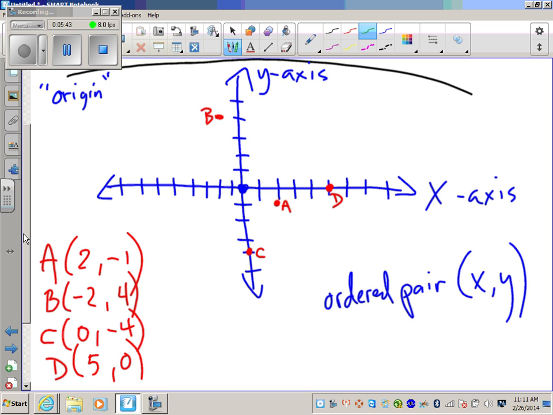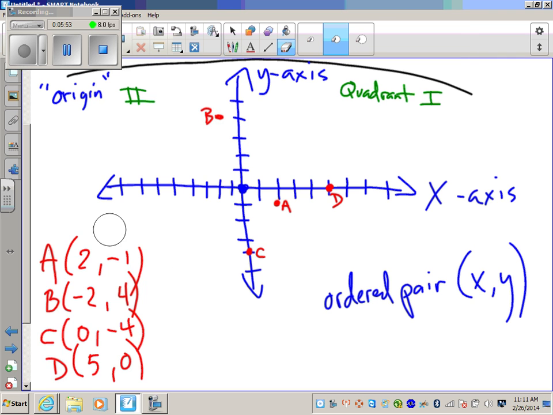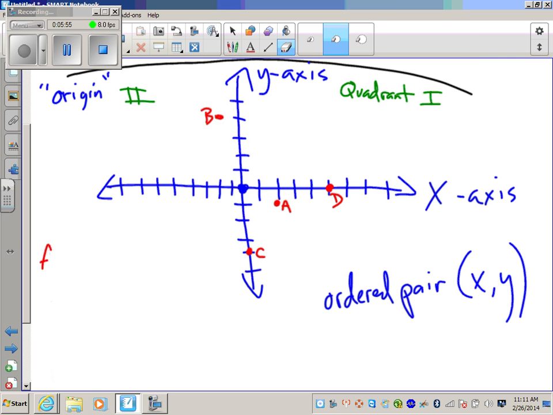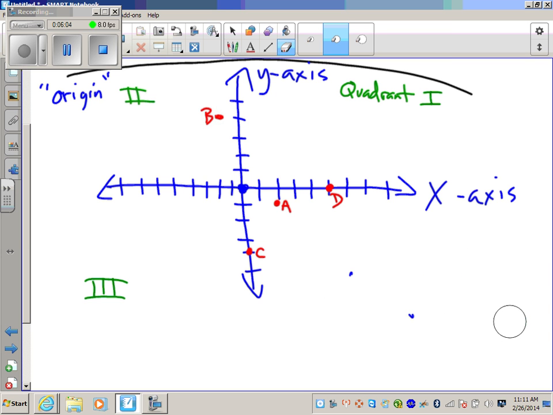So if this is quadrant 1, this would be quadrant 2. This over here is quadrant 3, and this over here is quadrant 4.